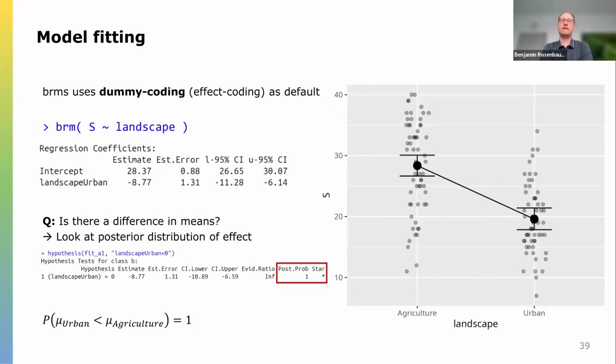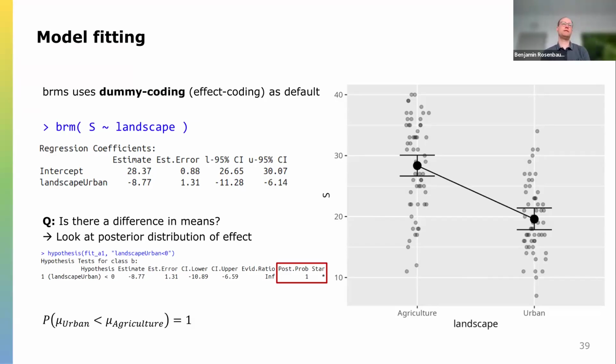This has the advantage, at least in this simple model with two levels, that we don't have to calculate the difference. It is already a parameter. So we see, okay, the mean difference in species richness is 8.77, and we already get credible intervals for this difference.